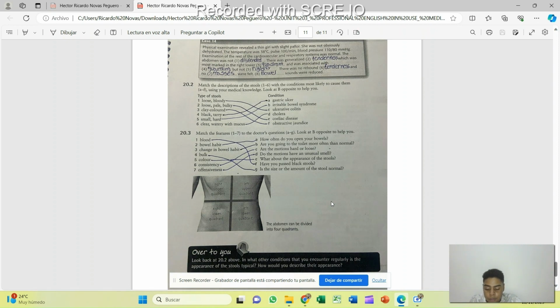Consistency: C, are the motions hard or loose? 7. Offensive: D, do the motions have an unusual smell?